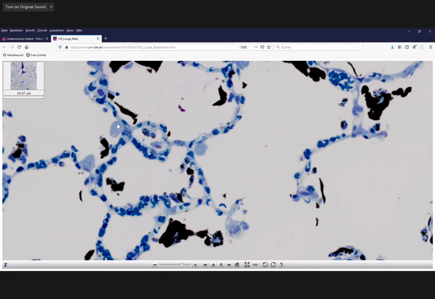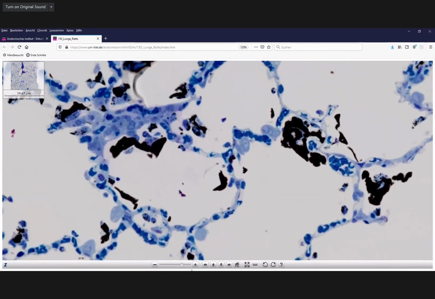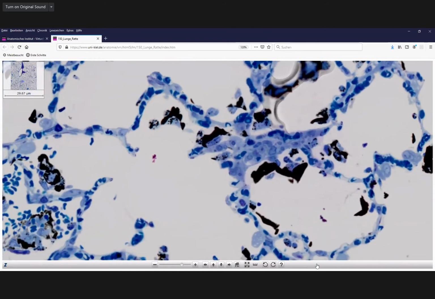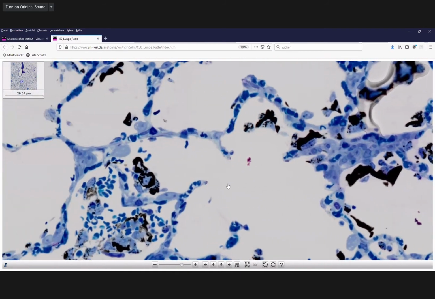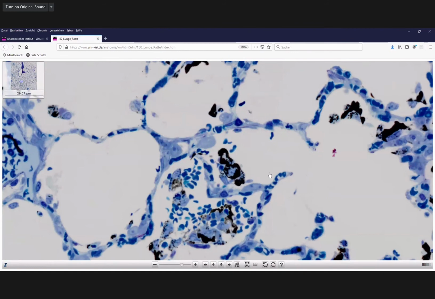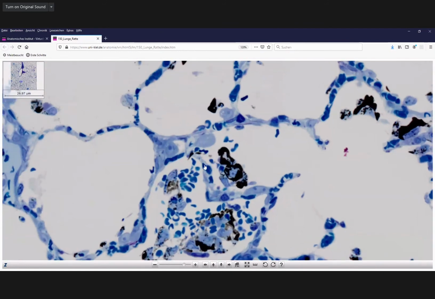So type 2 cells, and here you can see two, and here another one, and type 1 cells, which are so squamous that you hardly can see them. But when you start looking, you should once in a while see cell bodies bulging forward a little bit. Here maybe just, it's very tiny.